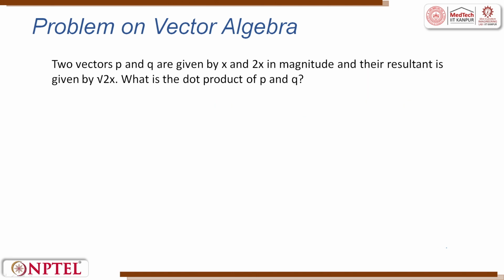So, now we are continuing with the same problem. So, that will be 4x square cos theta equal to minus 3x square. Cos theta equal to minus 3 by 4.